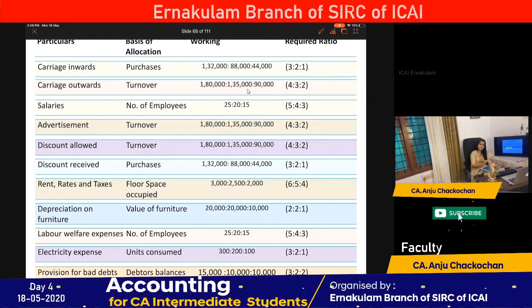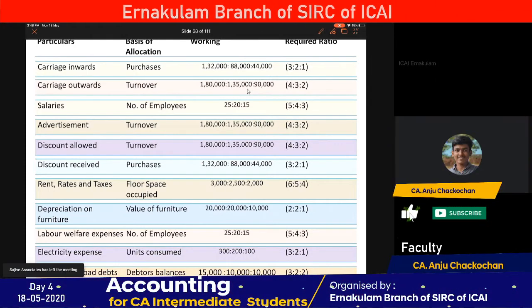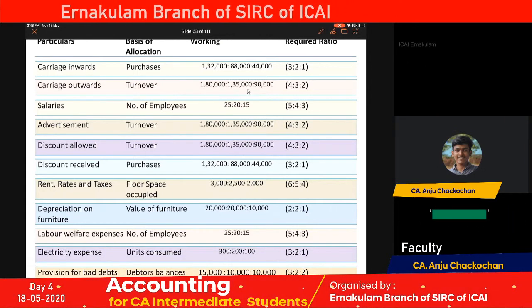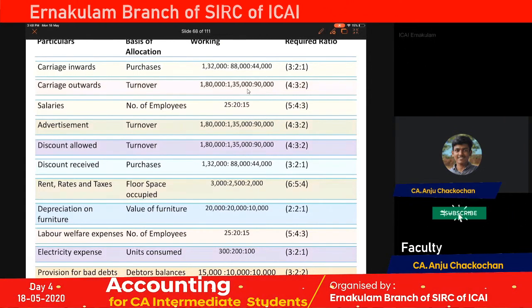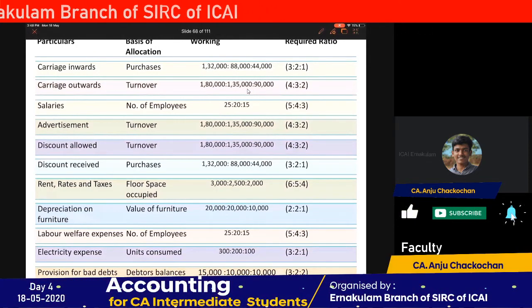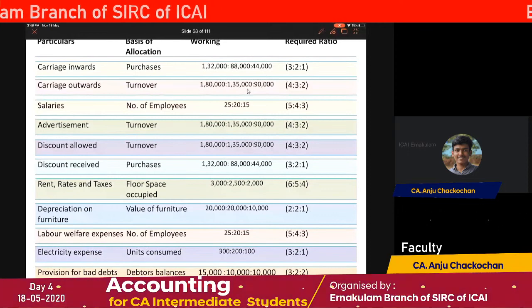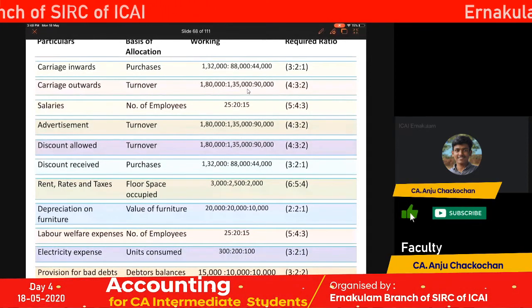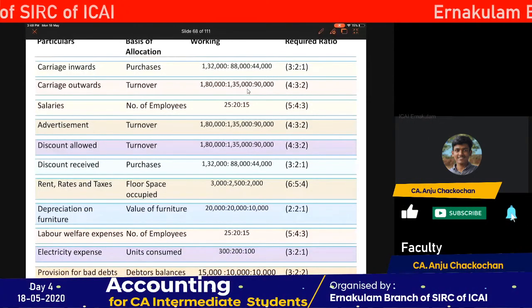Now advertisement. How do we allocate advertisement? See, advertisement is mostly related to the turnover part, because if you want to increase the turnover, you'll have to keep on giving more advertisements. Okay. So advertisement you allocate on the basis of turnover because that is directly related. It is nothing but a selling expense.